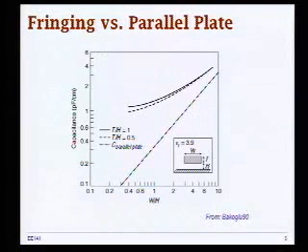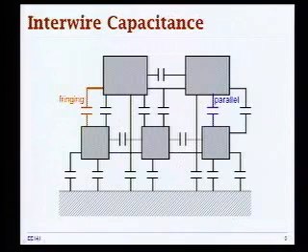So then we gave a little bit of insight into relative contribution of these fringing and parallel plate capacitances, and then we observed that in today's technology, when the height of the wire is much greater than the width of the wire, then we are really dominated by this fringing capacitance, as opposed to being dominated by this parallel plate capacitance long time ago. So that's important to remember.